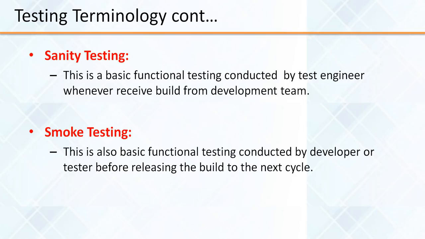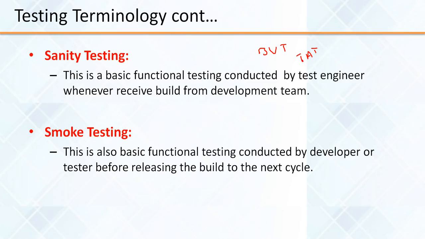Sanity testing is basically basic functionality testing, and both come under basic functionality testing. We have many names, like BVT, build verification test, or TAT, tester acceptance test. These all come under sanity and smoke testing, and people call it by different names. The main intention of these two testings is to check whether the build is stable or not.